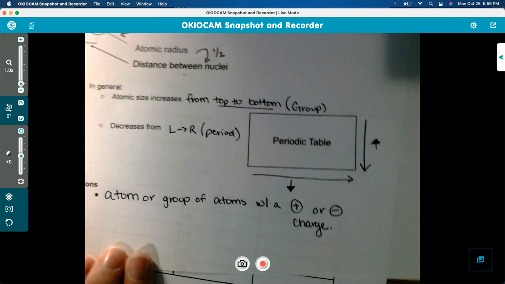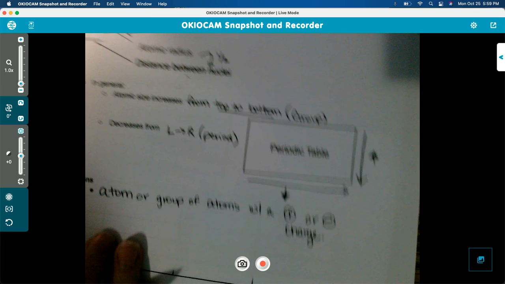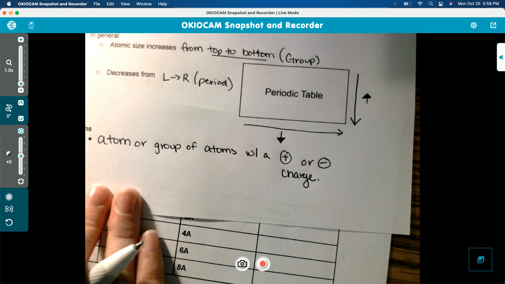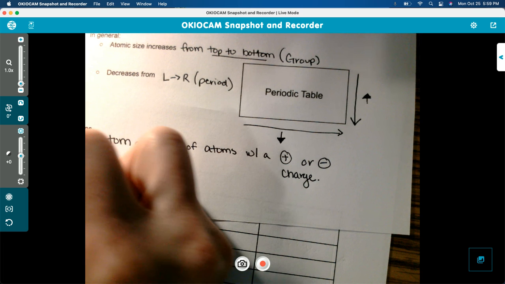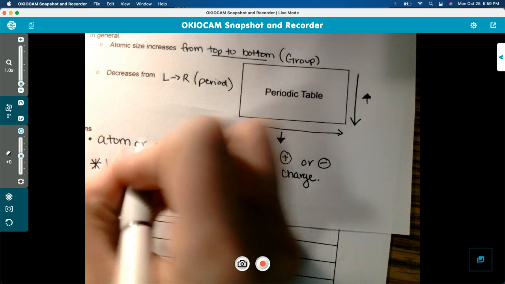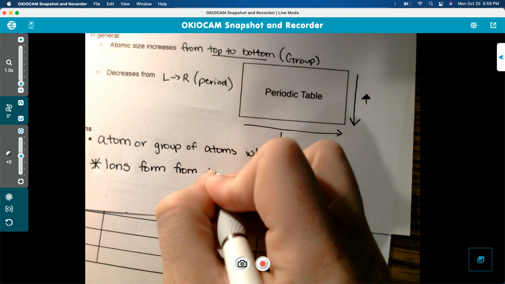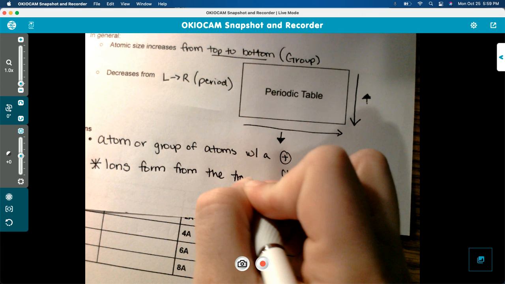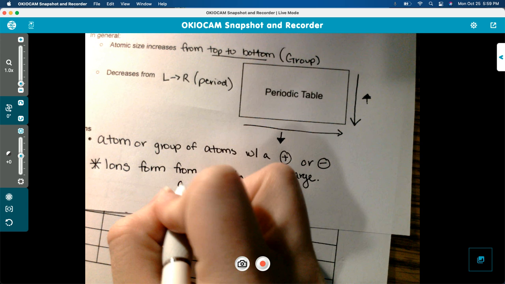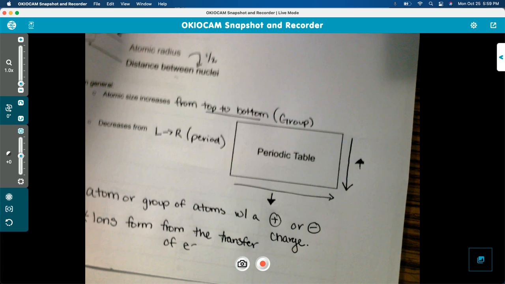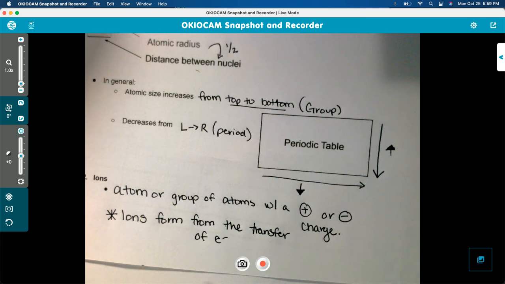That is what an ion is. And just so we all are aware, ions form from the transfer of electrons, which we will cover when we go over our ions notes. So ions form from the transfer of electrons.